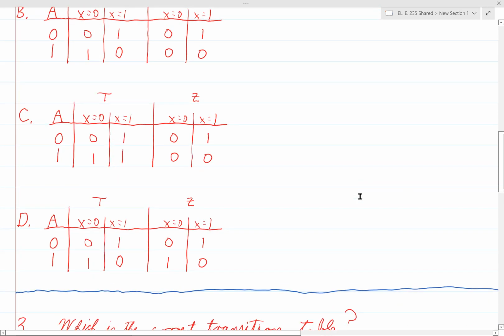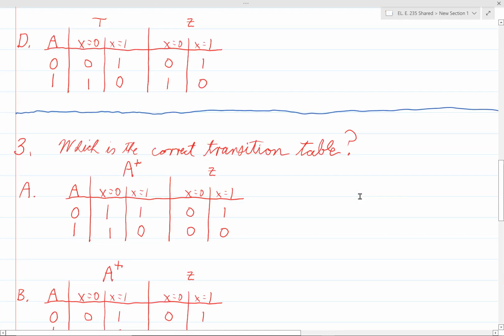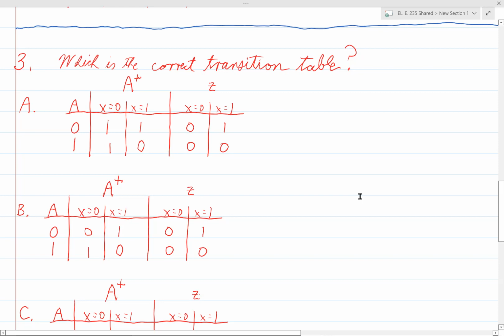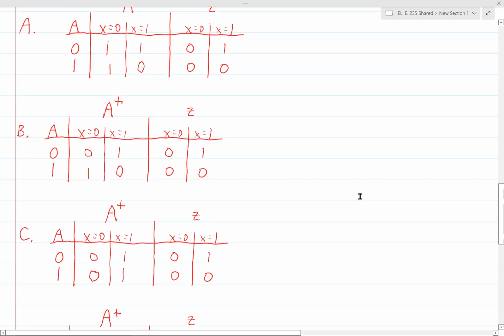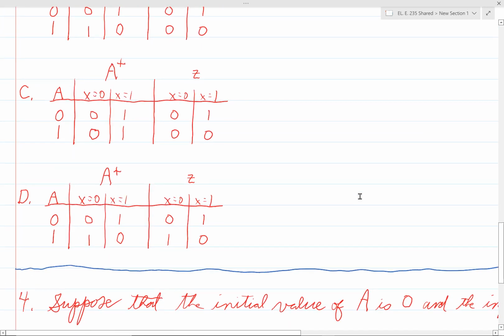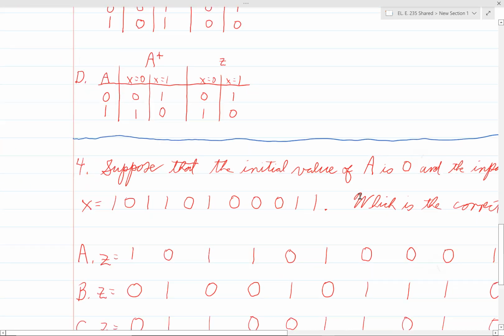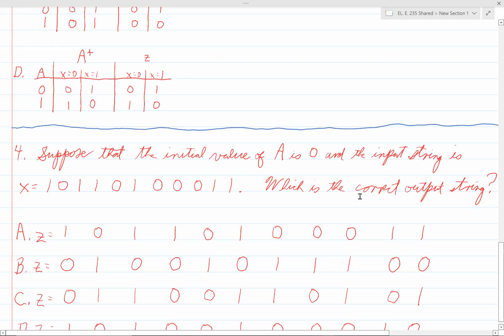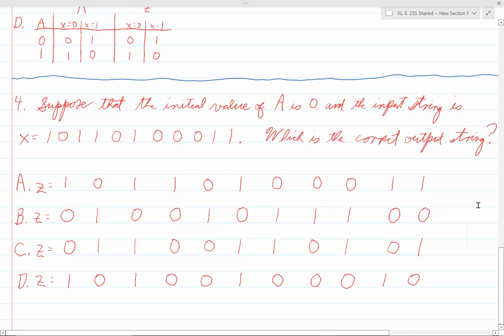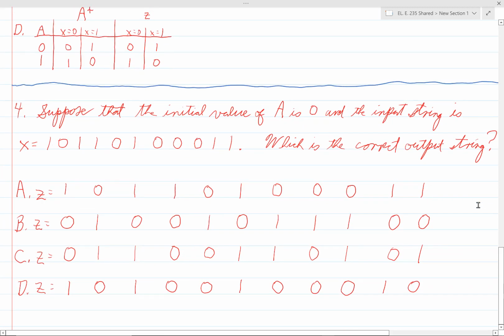And you have 4 choices. Number 3, which is the correct transition table? And you have 4 choices. And then finally for number 4, suppose that the initial value of A is 0 and the input string is X equals, and you see here the input string, which is the correct output string, and again you have 4 choices.